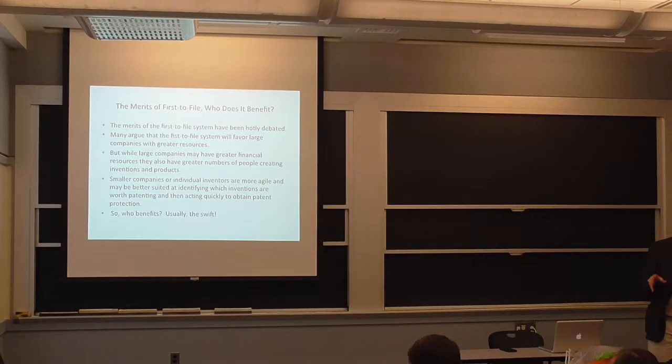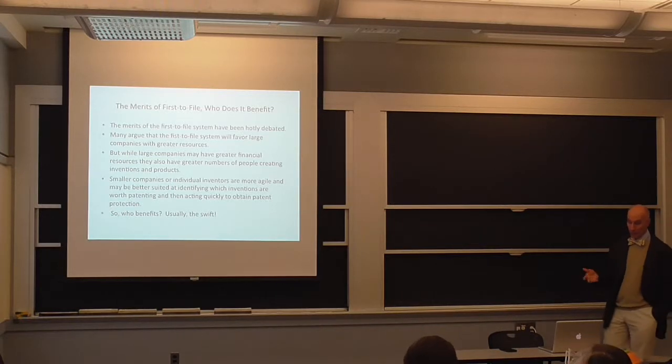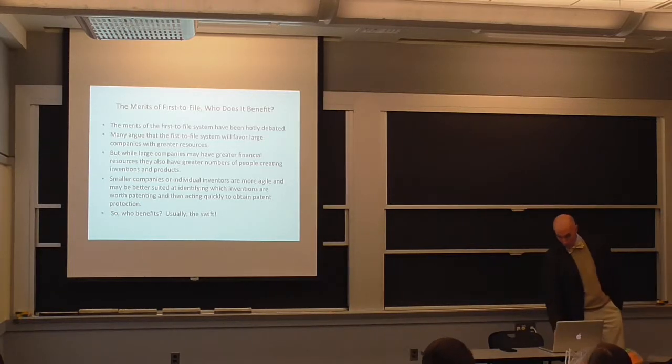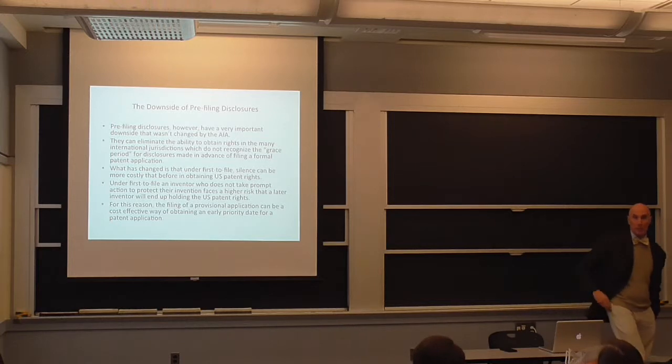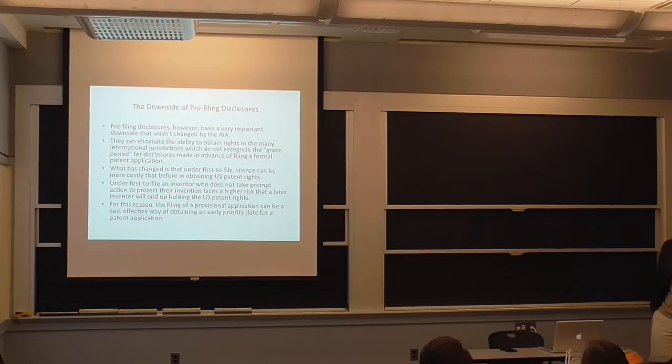Sometimes small companies, or even better, individual inventors, are more agile, and they're able to see what big companies can't see, or if they see it, because they're so large, can't act on it. That way, the small inventor, under this act, I think is the greatest beneficiary. So who benefits? The speedy people, whoever's first, whoever's fastest.